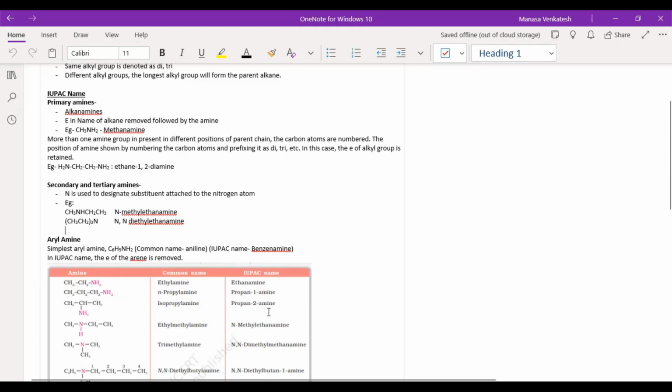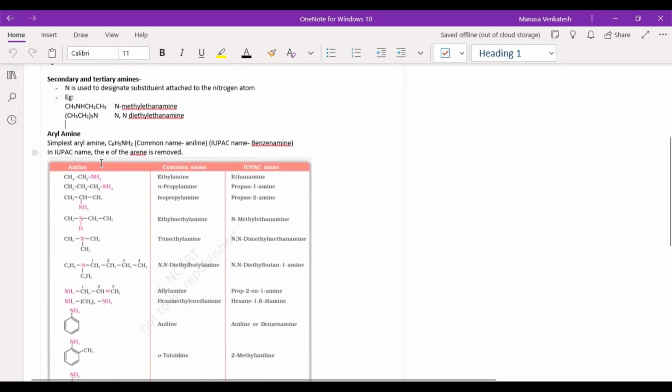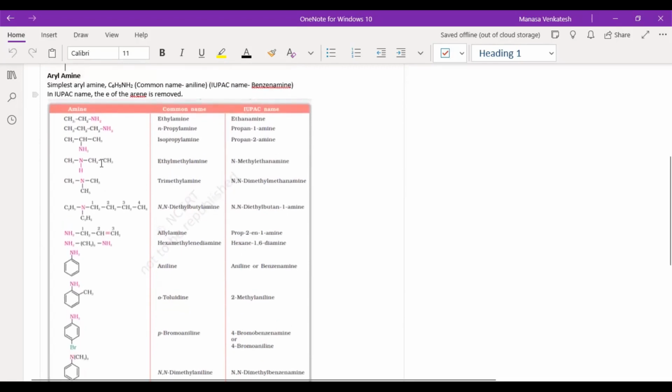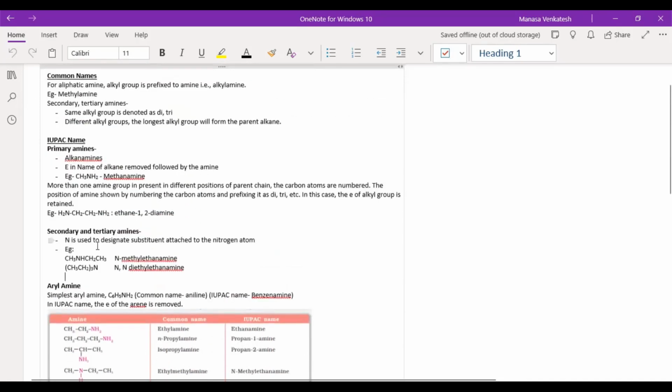So if there are more than 1 amine groups present in different positions of the parent chain, this is going to get numbered. So here in this case, you have a CH2, that's 2 carbon atoms, which means it's an ethyl group.